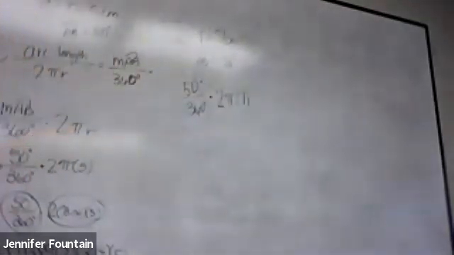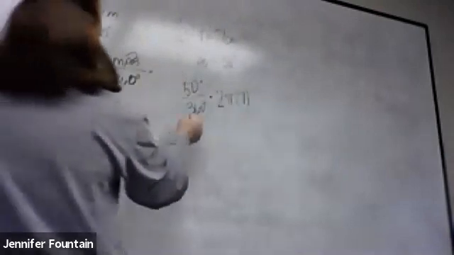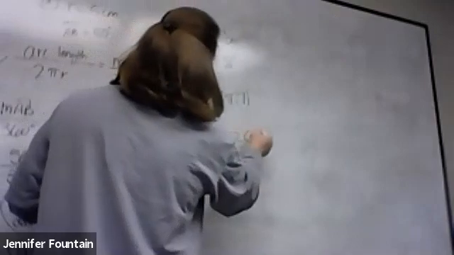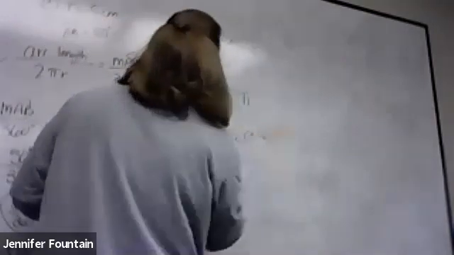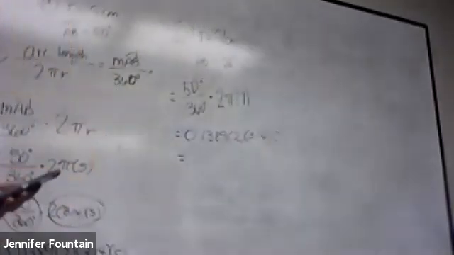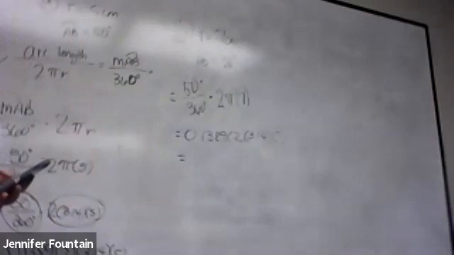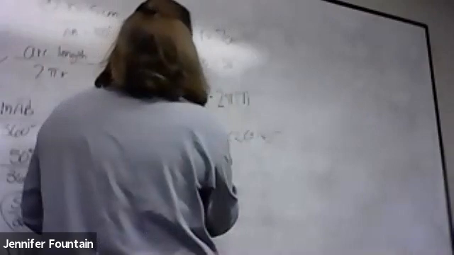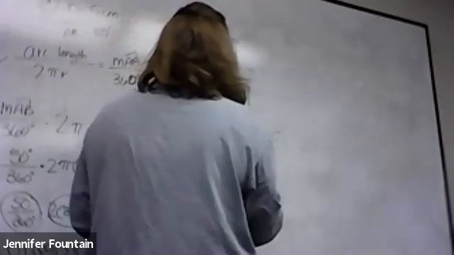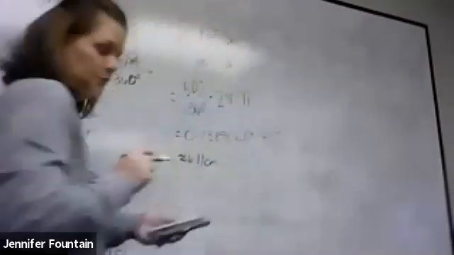So again, when we divided those, we already have 0.1389 times 2 times 3.14 times 7 is approximately 6.106, so we'll go 6.11 centimeters.